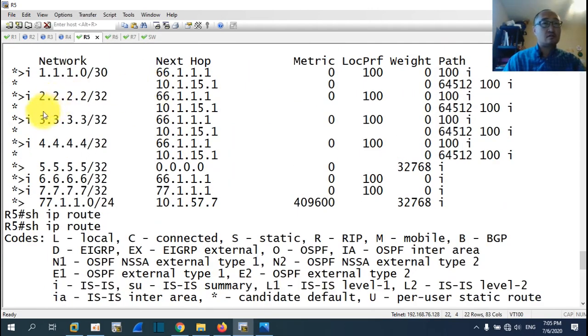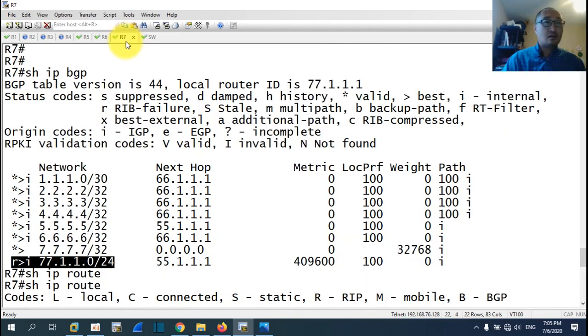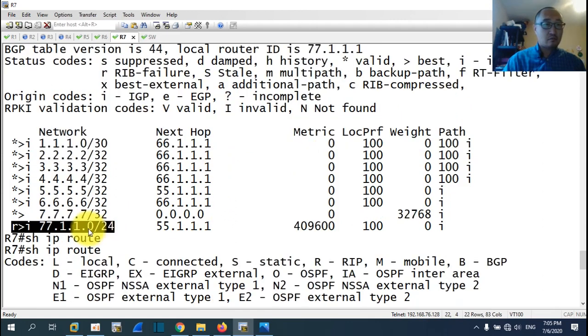But this one, it's a loser. So it cannot be put into the RIB, right? So let's go back over here. But for this, there's only one route, so 77.1.1.0/24 is the winner, right? Because there's no other competitor.